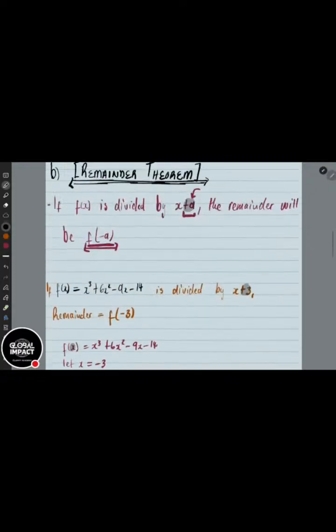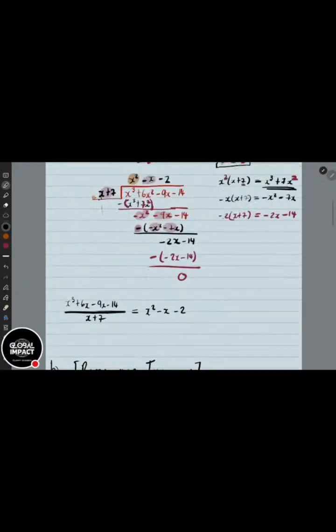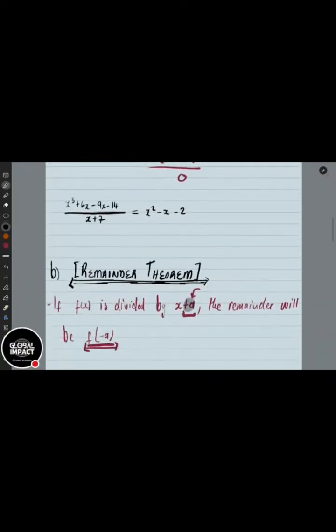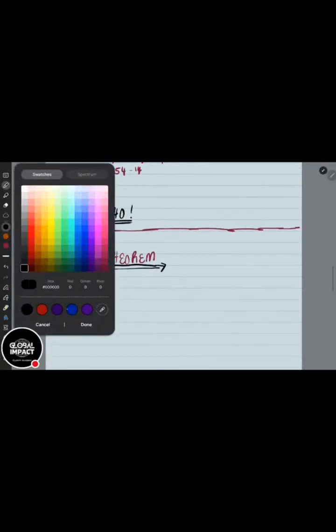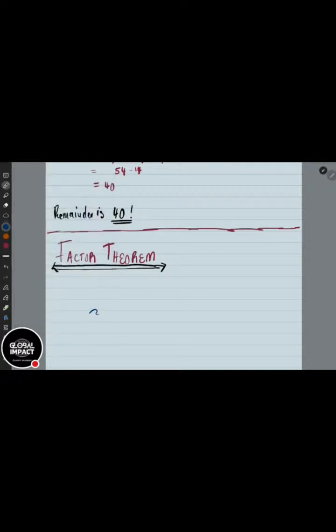No, it's fine. Just do remainder theorem and polynomial division. Should I do factor theorem? Should I mention it? Should I just make you write it? Or we'll do it tomorrow? Okay, I'll make you write it.